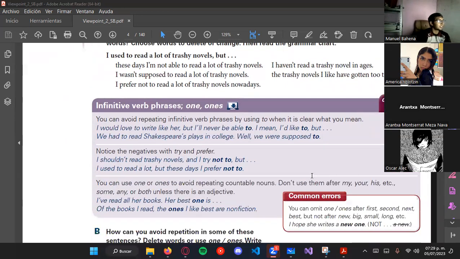Vamos a continuar entonces. Let's check our grammar chart. It says infinitive verb phrases, one and ones. So please help me. Dalila, can you help me read, please? Teacher, can you hear me?